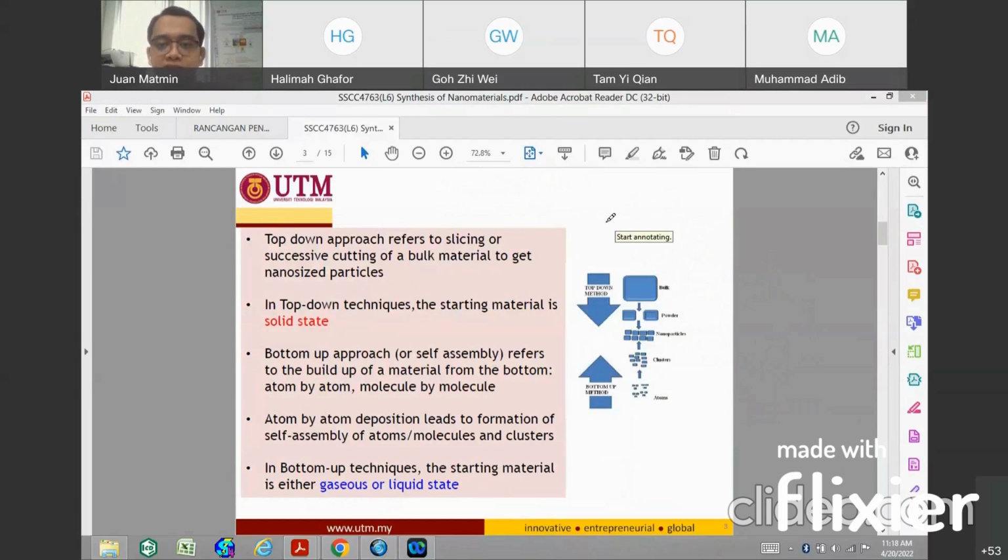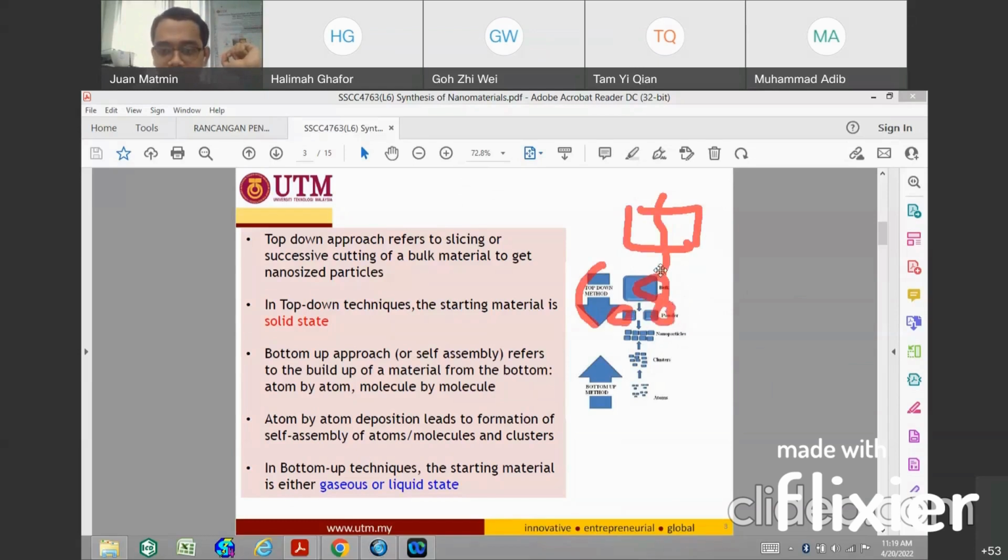Sama ada top down method ni, benda yang bulk, dah besar tu, kemudian kita slicekan dia ke, kita pecahkan dia ke, kita katuk dia ke, meaning that we enforce any certain forces, and to change the bulk structures into a powders.